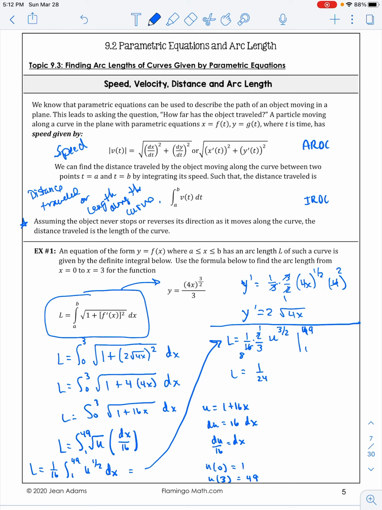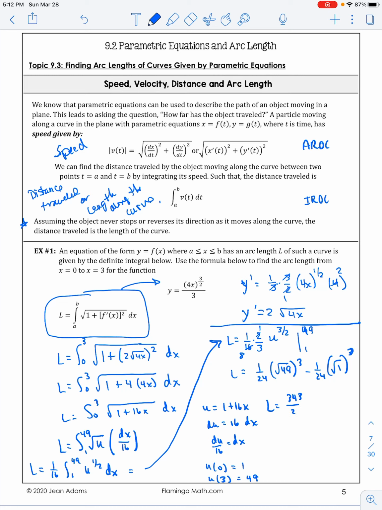Divide by 2, I get 1. Divide by 2, I get 8. So this becomes 1/24th, and this will be the square root of 49 to the 3rd power minus 1/24 times the square root of 1 to the 3rd power.